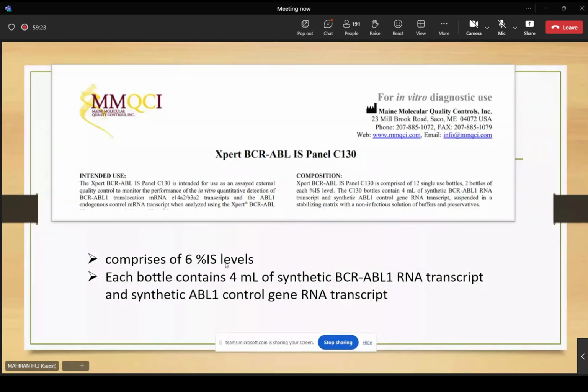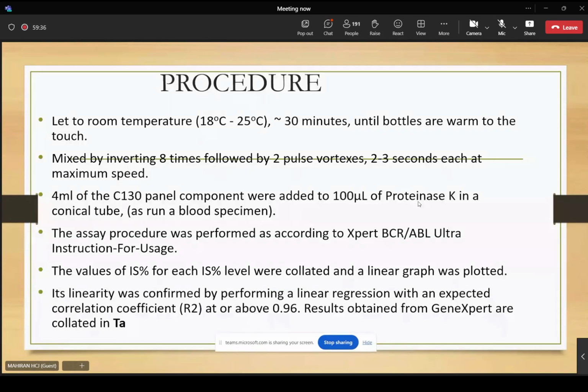Each bottle contain 4 ml of synthetic BCR ABL1 RNA transcript and synthetic ABL1 control gene RNA transcript. Okay, ini prosedur. So yang ni nanti boleh tengok pada insert kit lah. Prosedur pun lebih kurang macam kita run sampel lah sebenarnya.